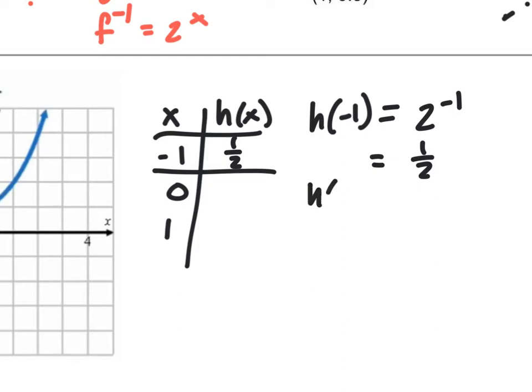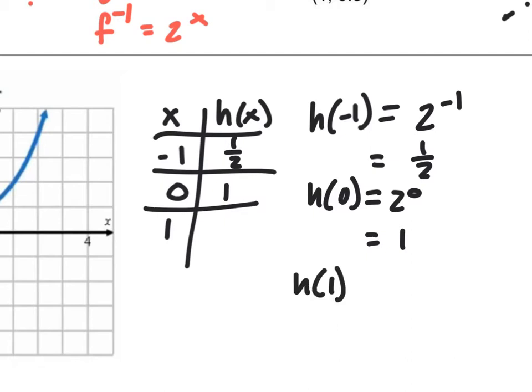What happens when I plug in 0, h of 0? I get 2 to the 0 power. What's that equal to? 1. Anything to the 0 power is 1. Then, what's h of 1? That's just 2 to the first power, which gives me a value of 2. These are the easiest points that we can put on the graph: negative 1, 0, and 1, always.